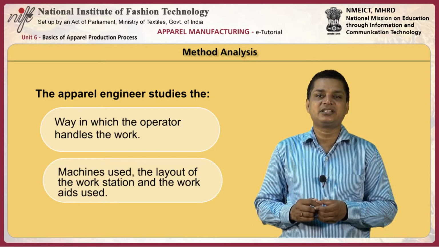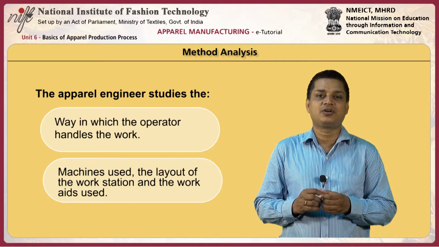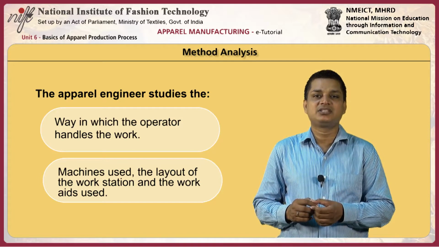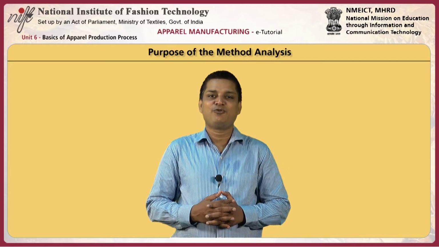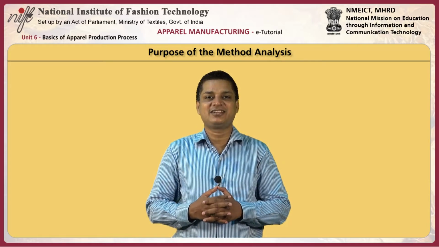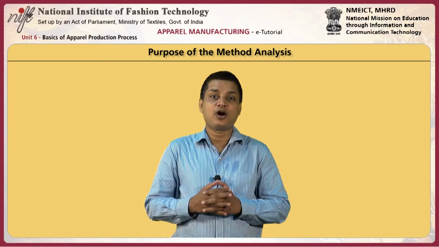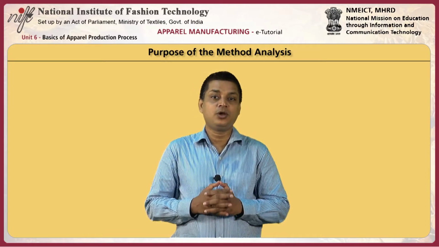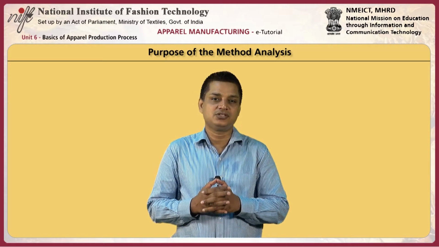An apparel engineer studies not only the way in which the operator handles the work, but also the machines used and the layout of the workstation and the work aids that are used. One of the most important traits of an effective apparel supervisor is the ability to recognize good or bad methods among operators and to correct them when necessary. The whole purpose of a method analysis is to find a better way to do the job.